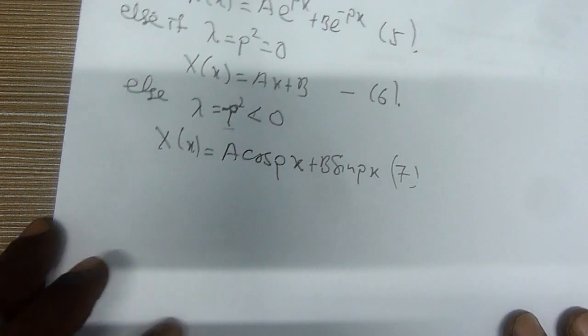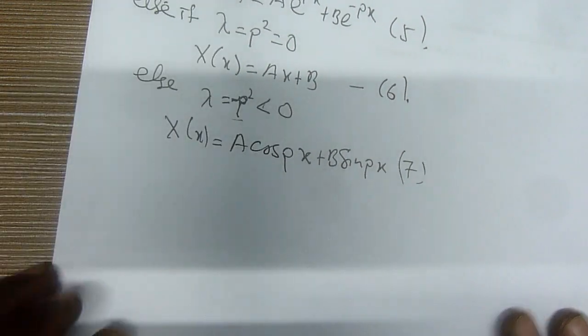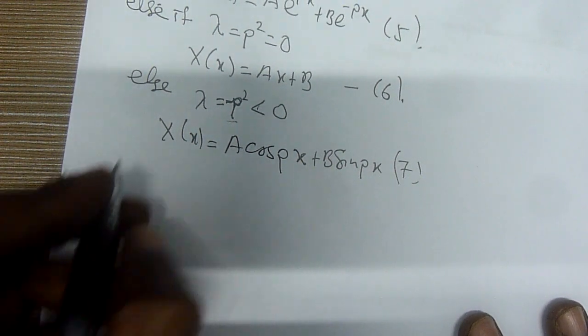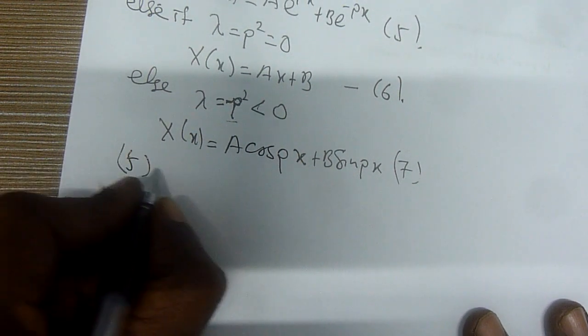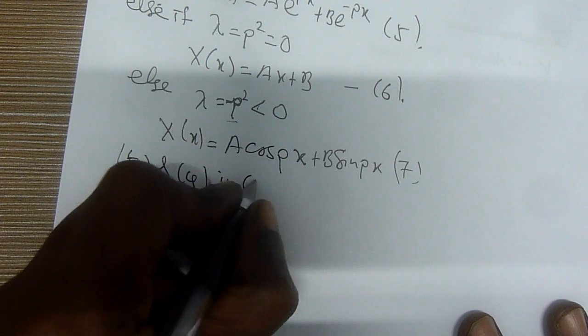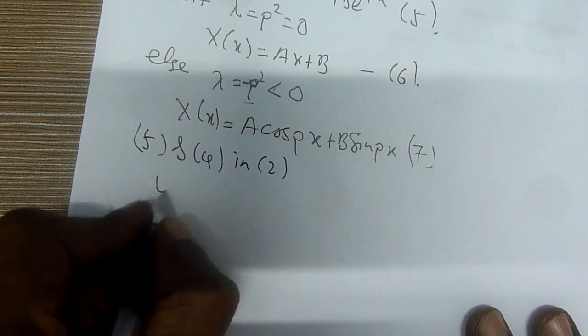Which combination is a solution? All of these combinations can be a solution. Therefore, if I combine number 5 and number 4 in number 2, I get one solution.